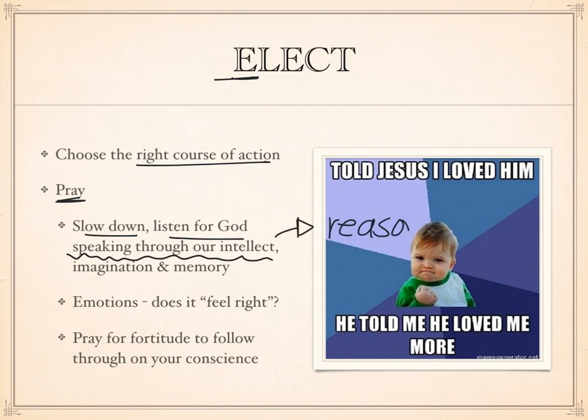We want to use reason, not going off on emotion, not acting on fear or something like that. Let God clear you, calm you down so you can use reason. Use your imagination, again, imagine all the consequences and the possibilities, and your memory. When have you been in a situation like this before?